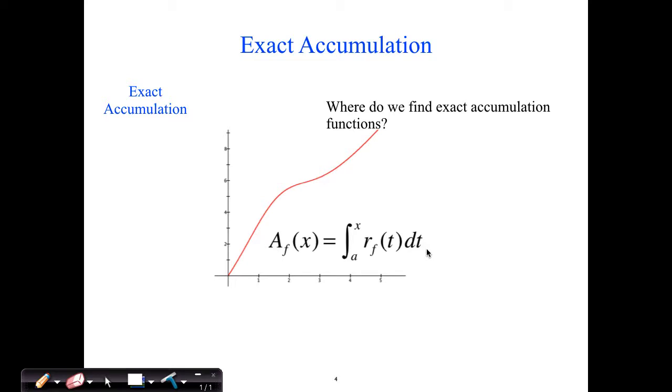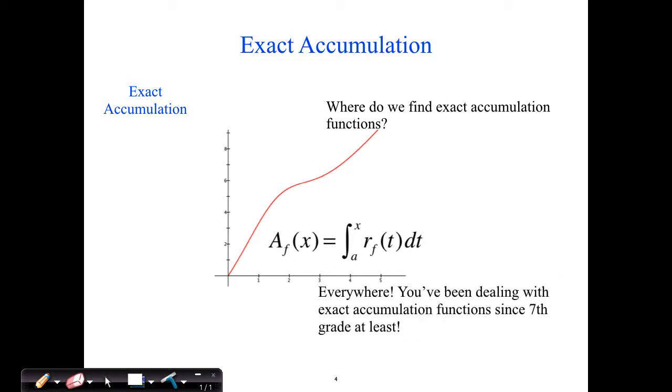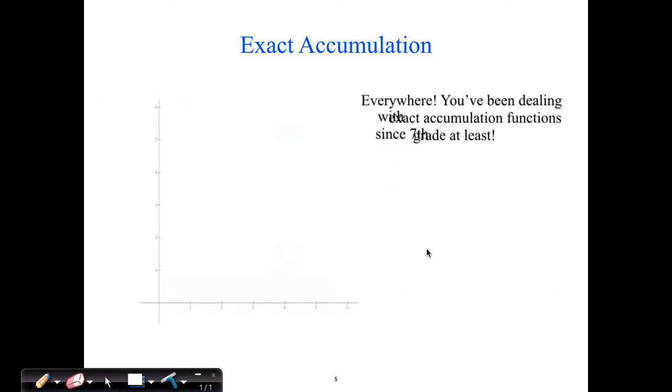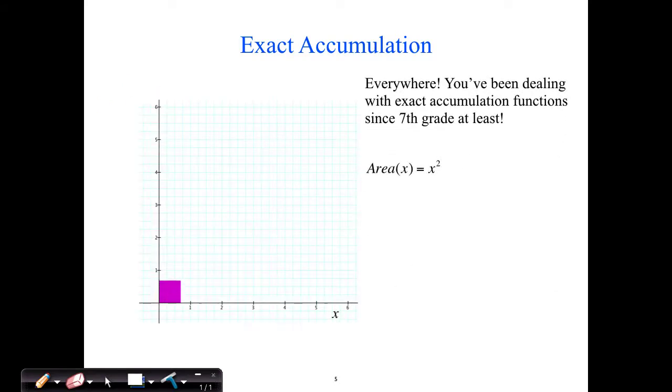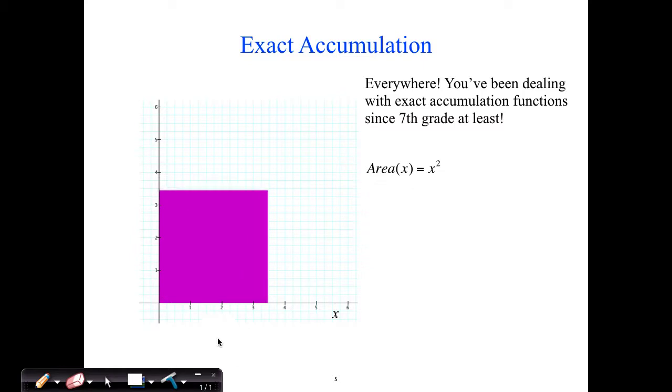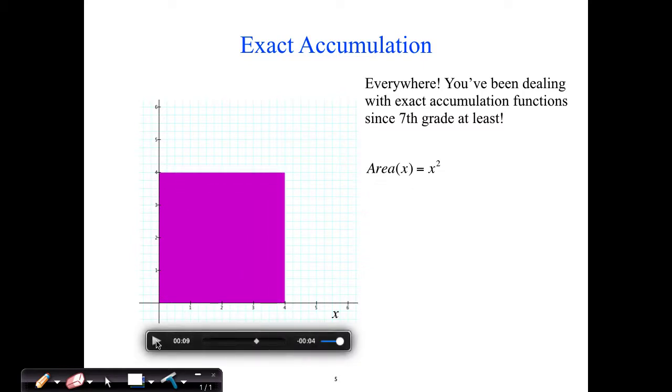But exact accumulation can be like anything. Anything can be thought of as an accumulation due to its components changing, the pieces of it changing in a certain way relative to one another. So even something as simple as like area of a square. You don't normally think of area of a square as an accumulation function, but if you can imagine, if I think of changing the side length, as the side length changes, the area changes by a certain amount.